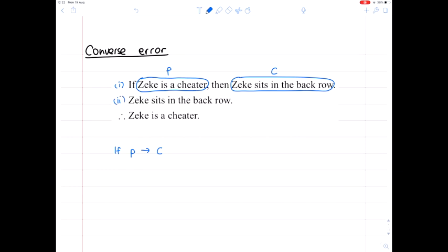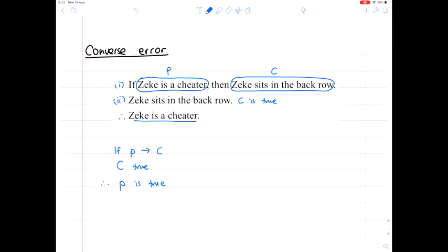Okay, so that's saying that our conclusion is true. And then finally, we're concluding that Zeke is a cheater, so we're concluding that P is true.